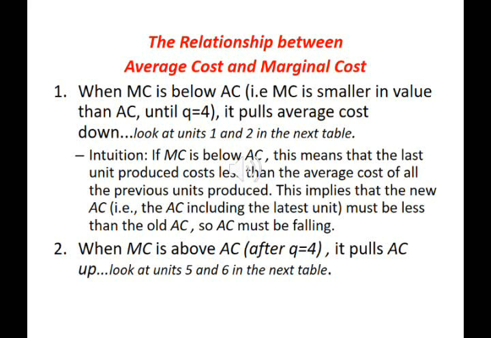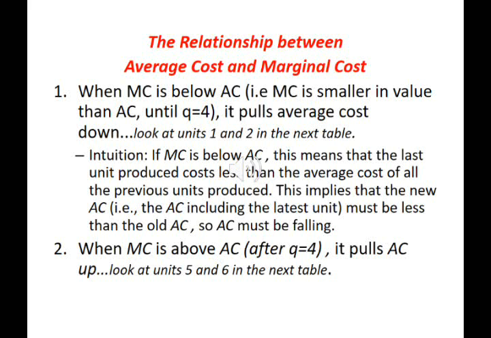If marginal cost is below average cost, this means that the last unit produced will cost less than the average cost of all the previous units produced. This is what we mean by marginal cost is smaller than average cost. This means that the last unit produced, the extra unit, costs less than the average cost of all the previous units that have been produced so far.